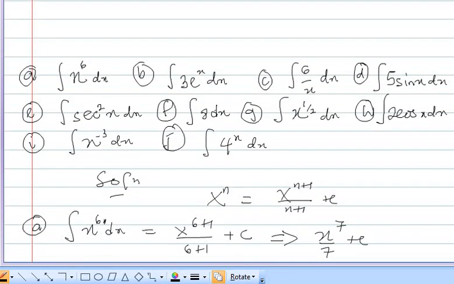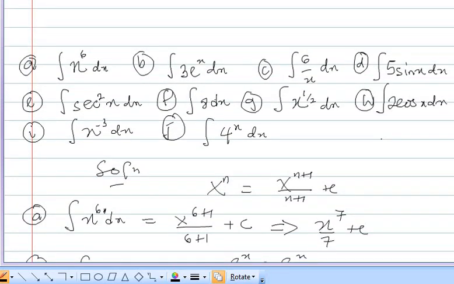Looking at this, the integral of 2 cos x dx is just 2, since the integral of cos is sine, so you can say 2 sin x plus c.